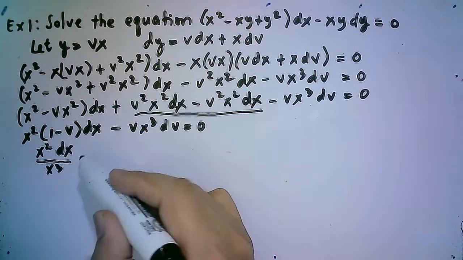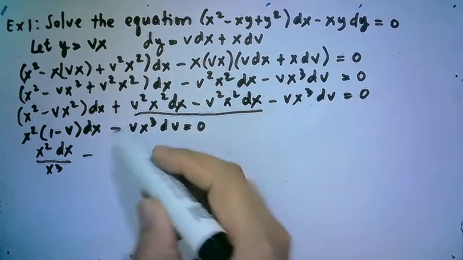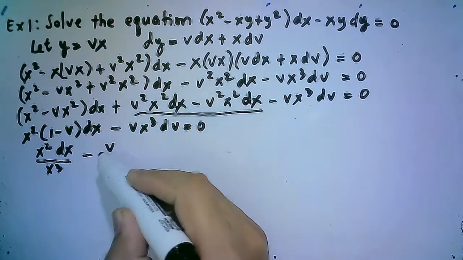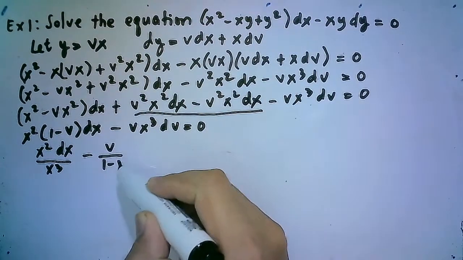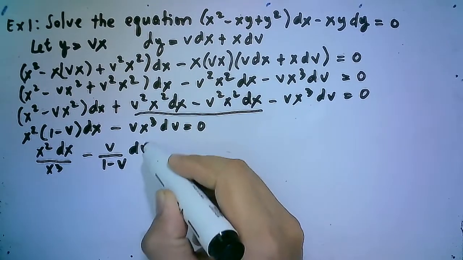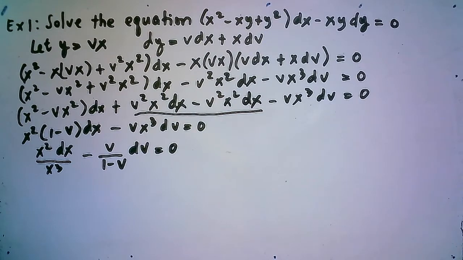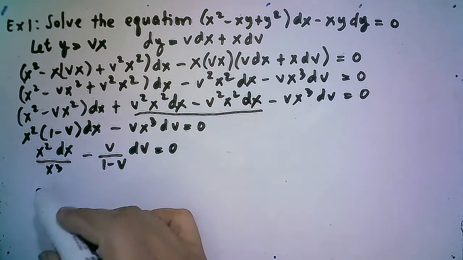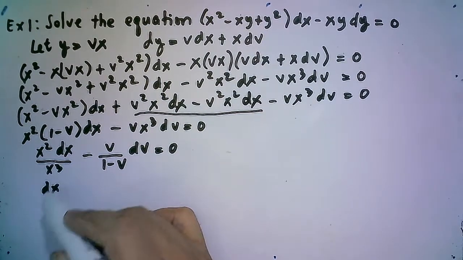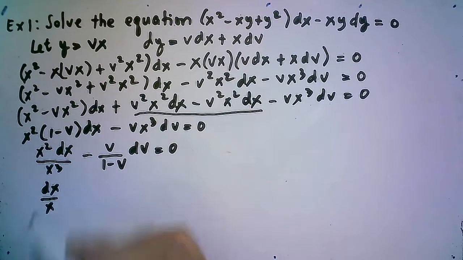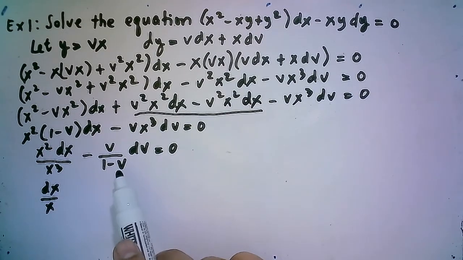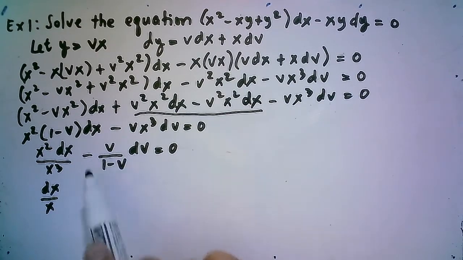And then in dv, you have here v over 1 minus v dv, which is equivalent to 0. So this part is dx over x. And then this part, of course, we have to divide this one.